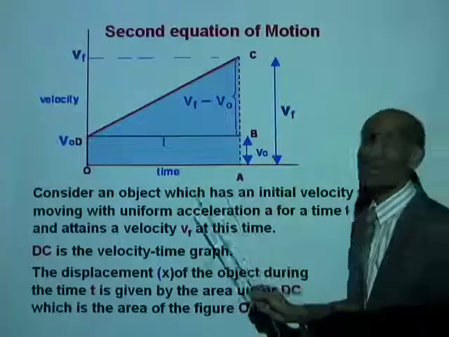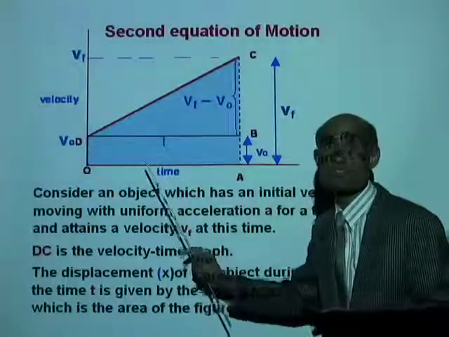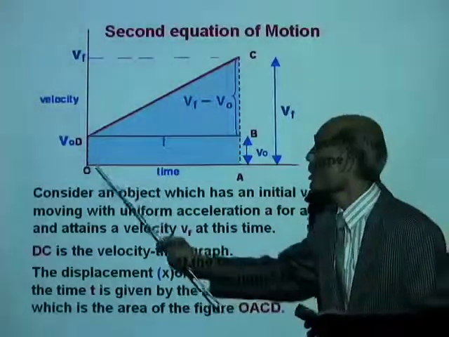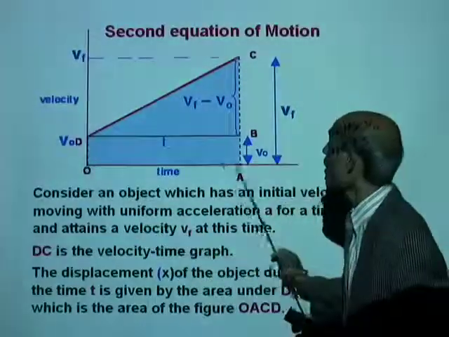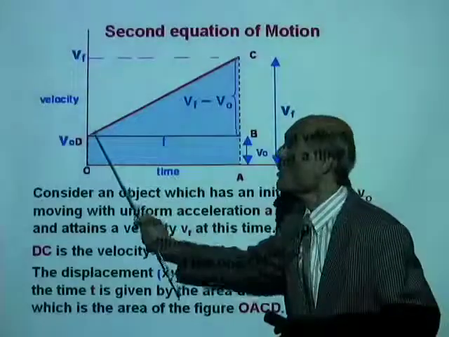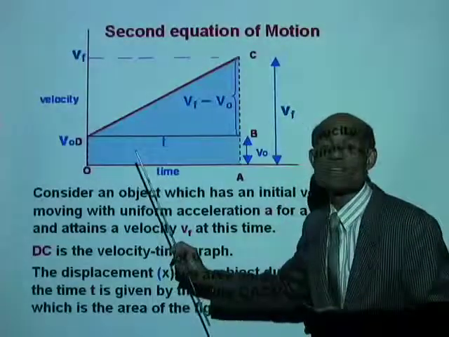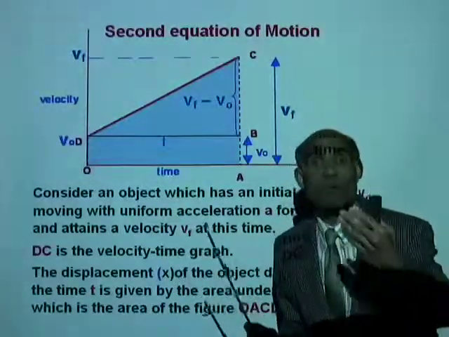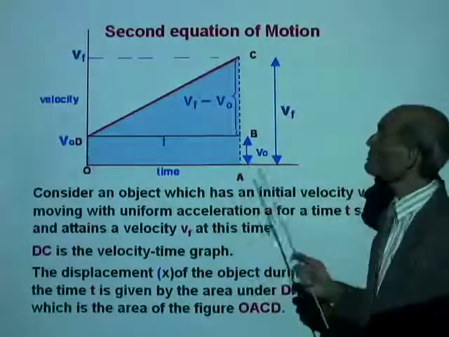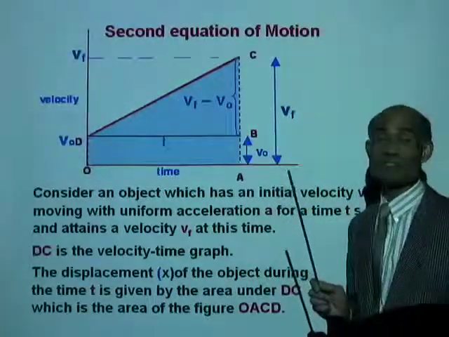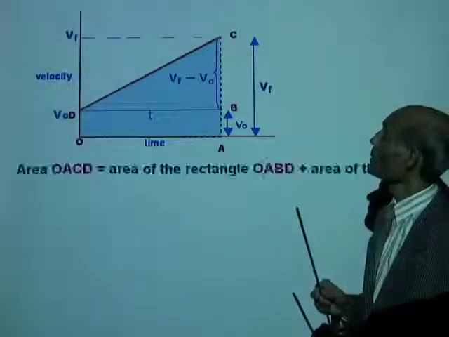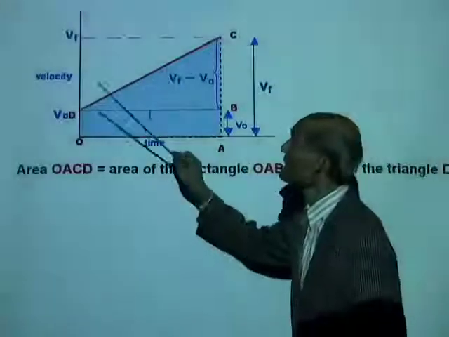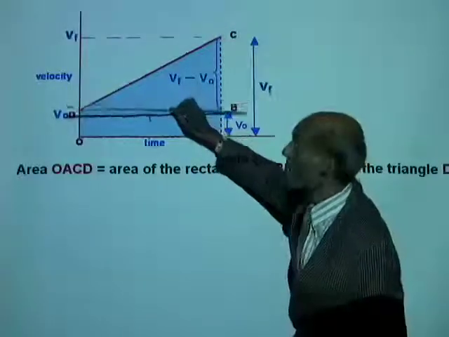The displacement x of the object during this time t is given by the area under that graph. In other words, if you can now measure the area of this shape OACD, the area of this figure OACD, it is a measure of the displacement of the object. Can you tell me what that area is? Well, let's look at that area. This area can be divided into two parts.